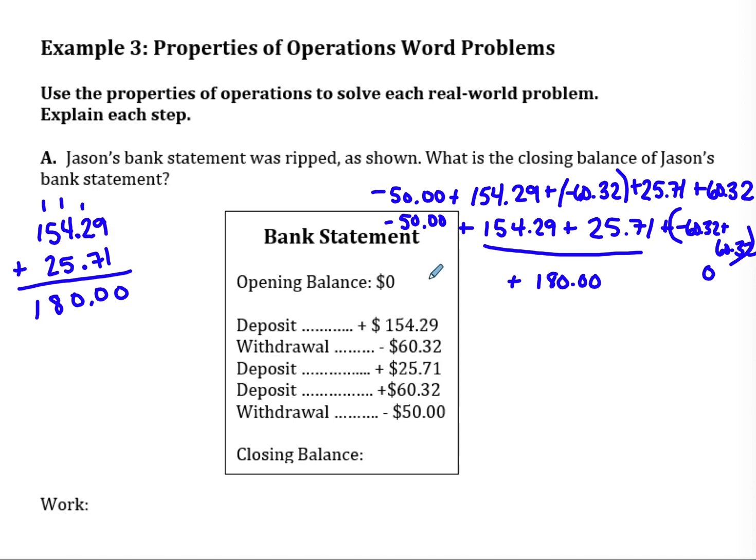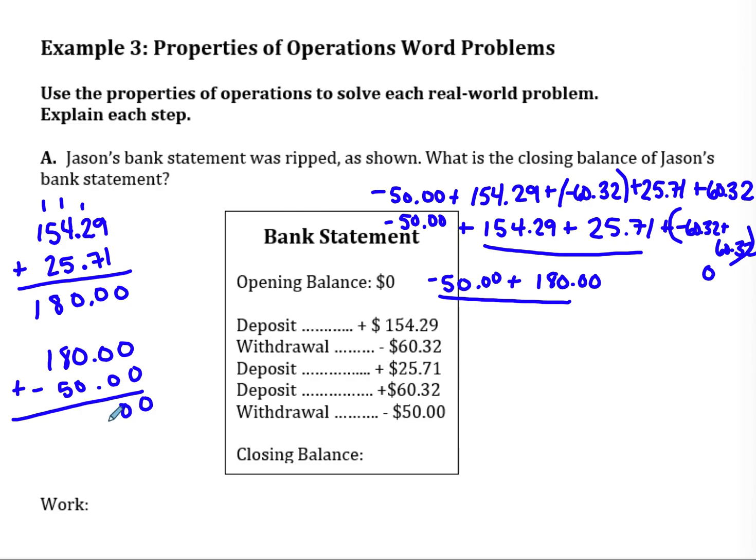Then I have this negative 50. Okay, different signs, find the difference. So now I'm going to do 180 plus negative 50. 0 minus 0 is 0, 0.